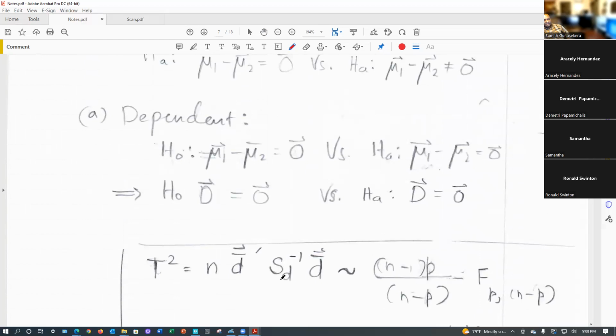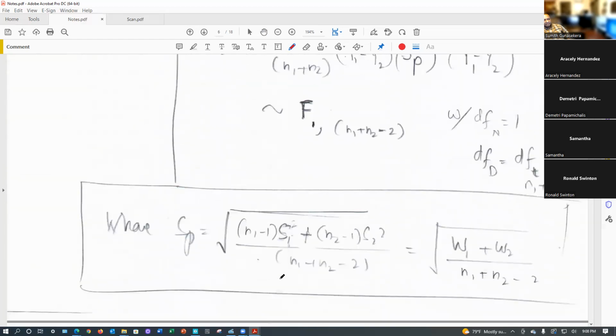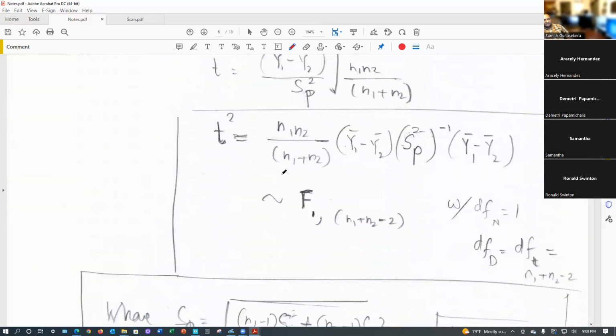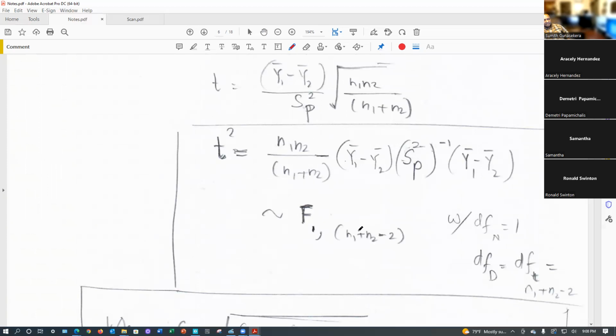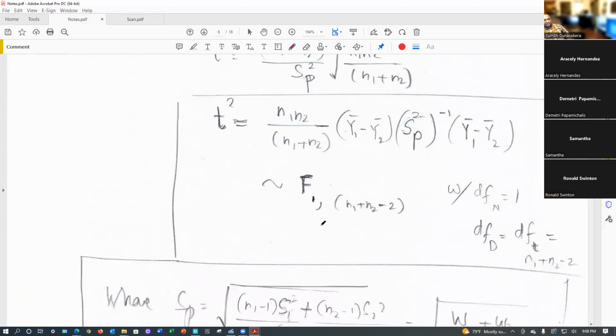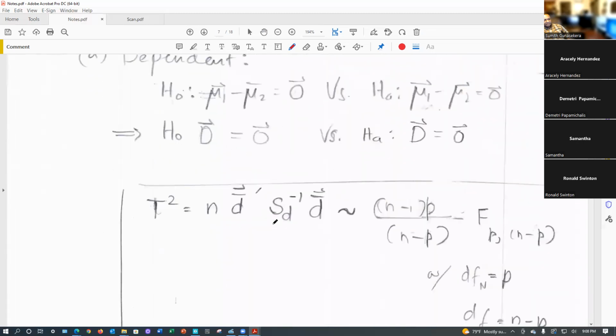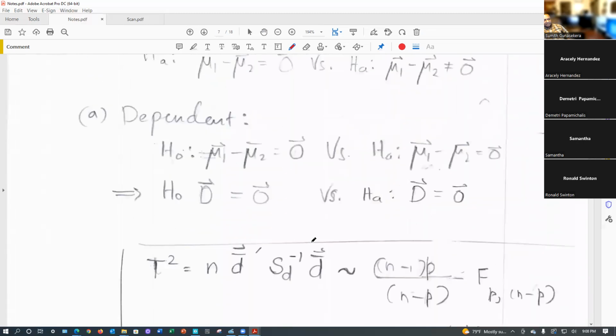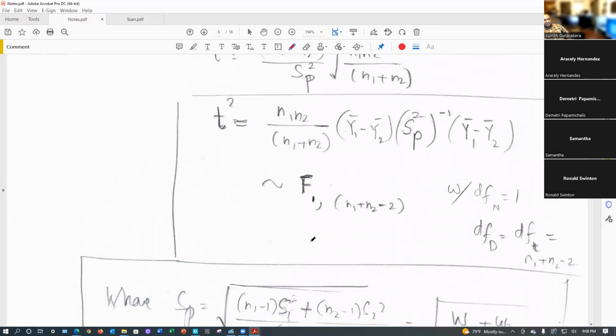Can you remember? We had the same situation here. T squared distributed with 1 and N1 plus N2 minus 2. Observe this one, T squared.